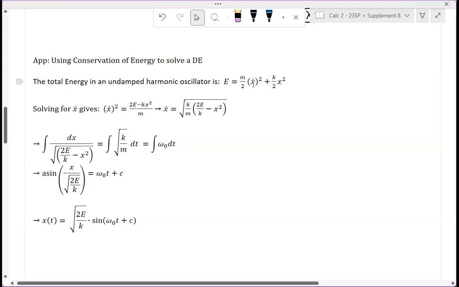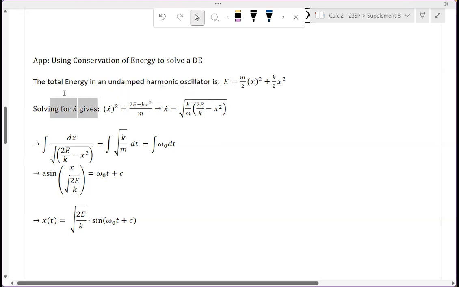And a lot of times in physics, you'll see derivatives represented with these dots above the variable. So we use that notation here because we're dealing with a physics application. So we have our kinetic energy plus our potential energy. And it turns out that for these harmonic oscillators, the potential energy looks like this, k over 2 x squared.